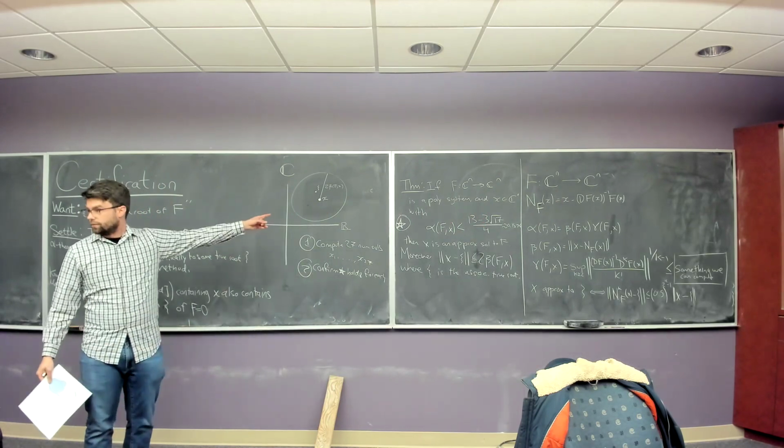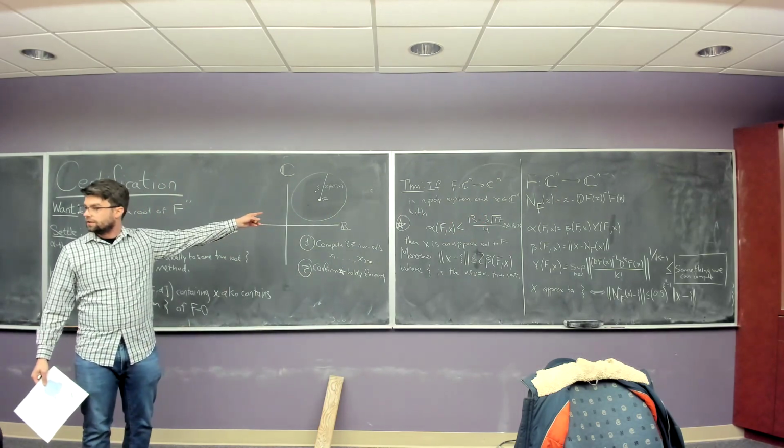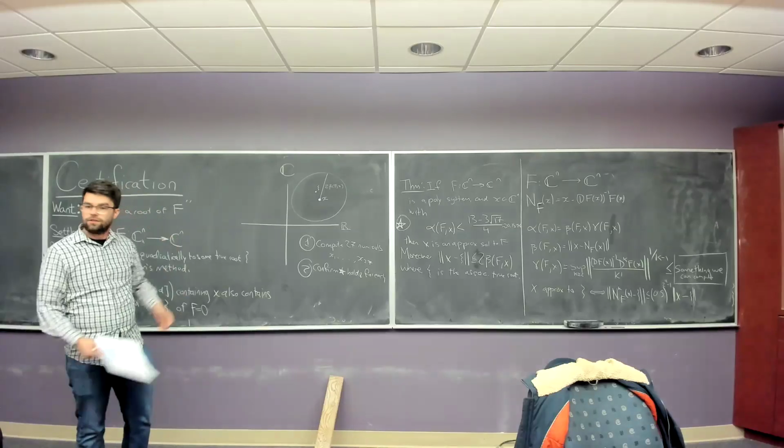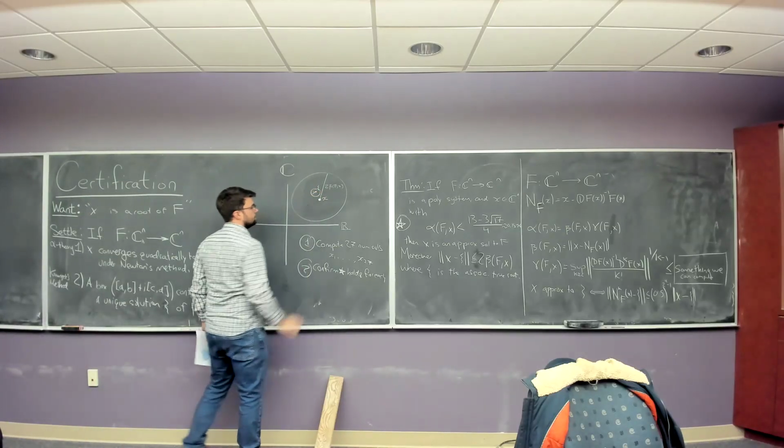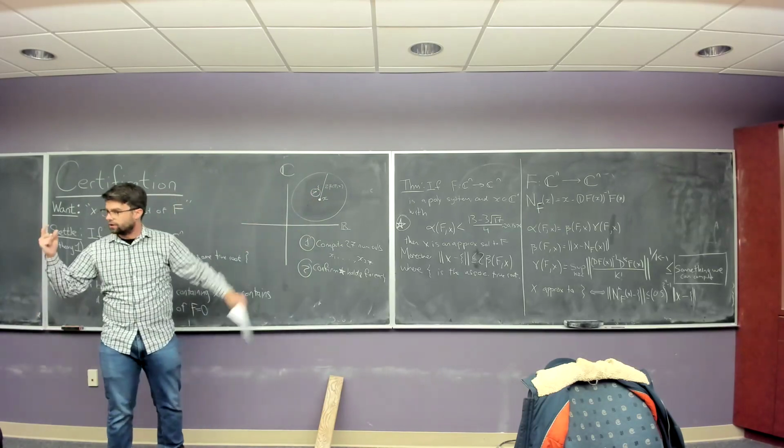Well, there is one staring at us. Right? So I can get arbitrarily close to my true solution. This beta can get smaller and smaller and smaller.